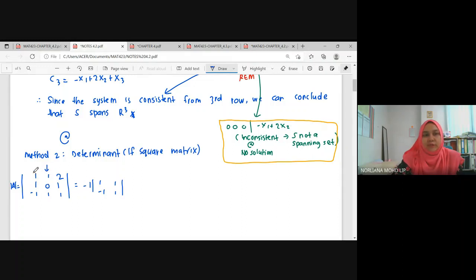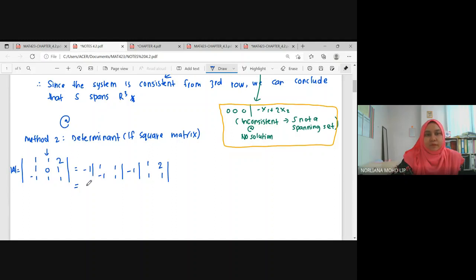Okay, positif, negatif, negatif, positif, negatif. So, ni negatif 1 juga. Okay, tutup. So, ni. So, 1, 1, 2, 1. Then, find the determinant. So negative 1.